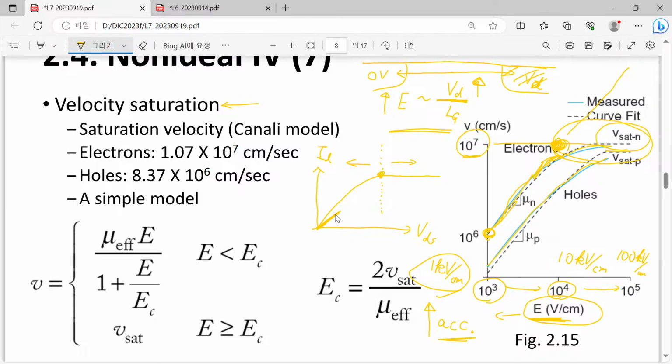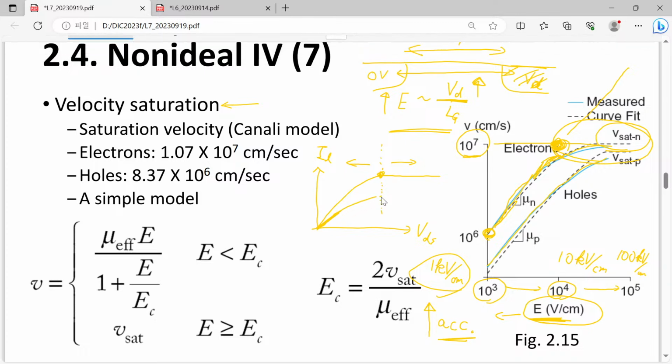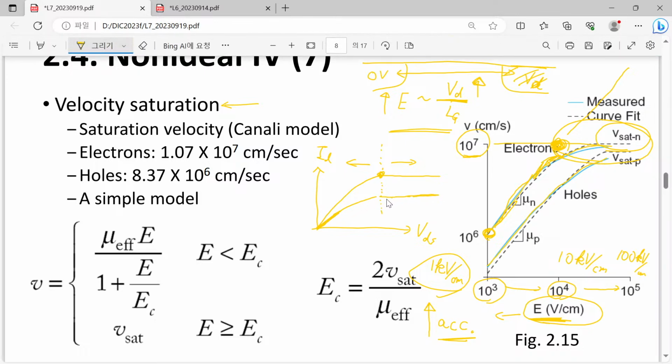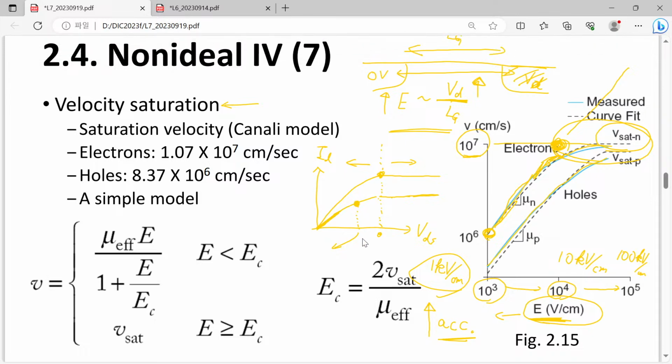Let's say this is the original expectation from the long channel one, but before reaching this point, the velocity saturation effect occurs a little earlier. Now velocity no longer increases although we increase drain voltage.